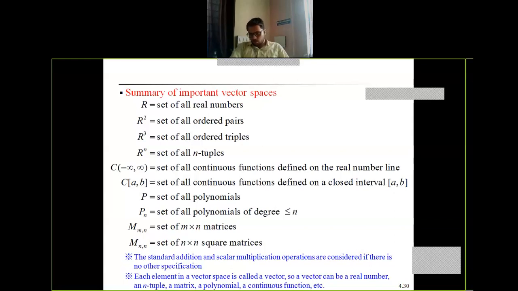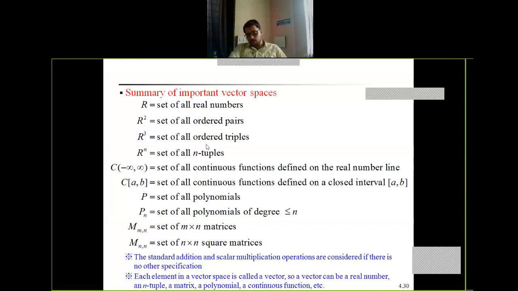So in lecture we will see some examples, and in tutorial also. From those concepts and examples, you will get the idea how examples can be asked on this topic.